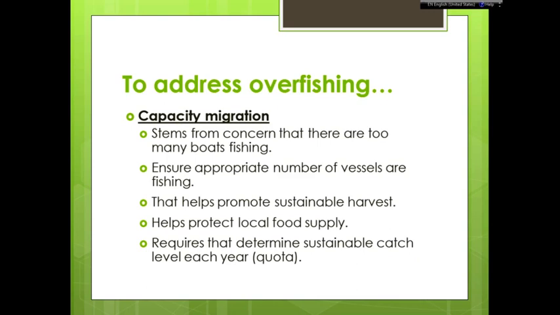We need to set that quota accurately, because if we're wrong, then we're really not going to get a sustainable yield. We're not going to have the reproduction that we need. So establishing a quota, my guess is that scientists have to do this. The economists can be at the table, but the economists aren't really going to have a whole lot to say here. This has got to be based on sound science.